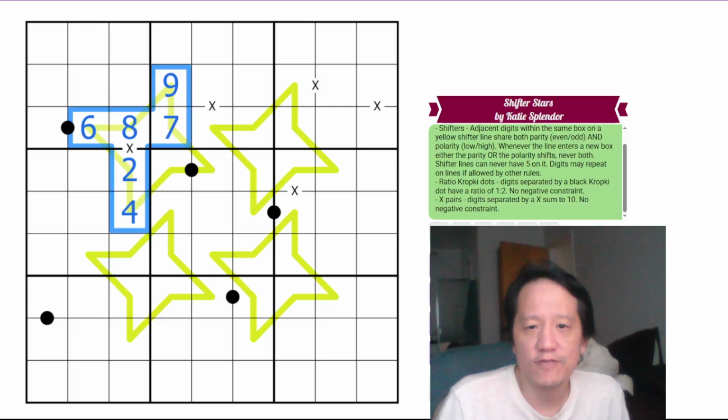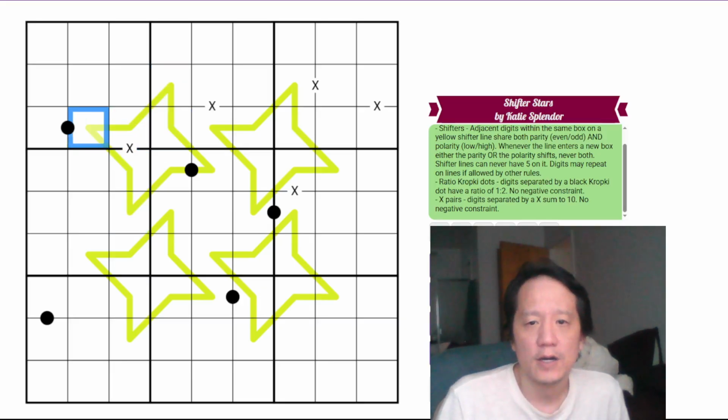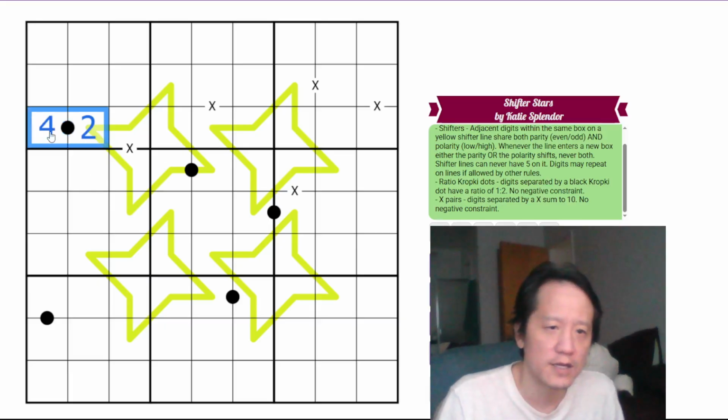We also have ratio Kropki dots, where digits separated by a black Kropki dot have a ratio of 1 to 2, and there is no negative constraint there. So for example, if this were a 2, this would have to be a 1 or 4 to maintain the 1 to 2 ratio between them.